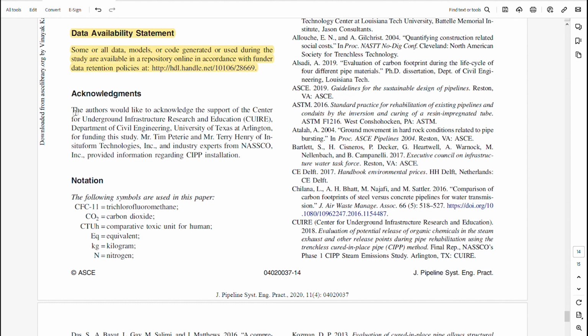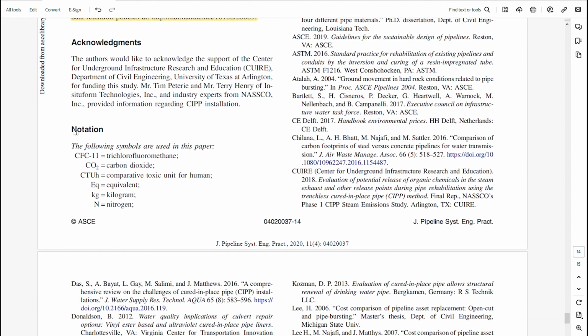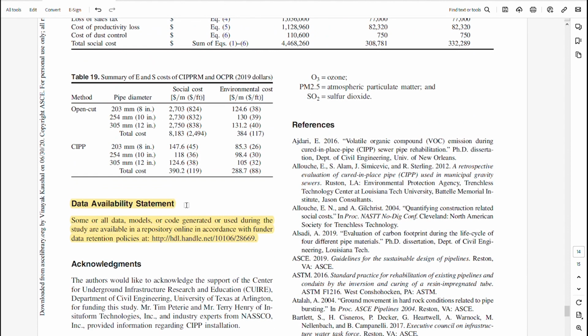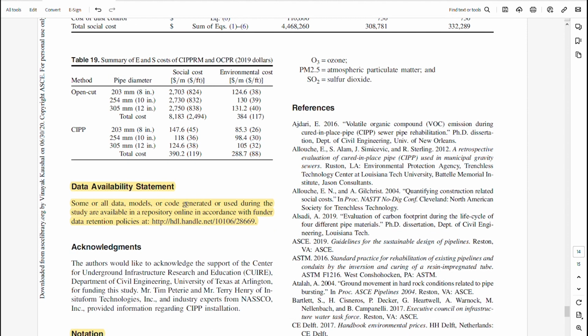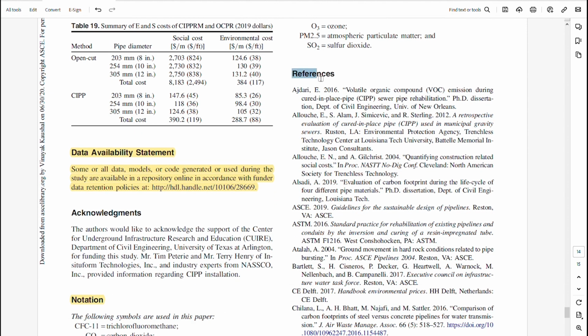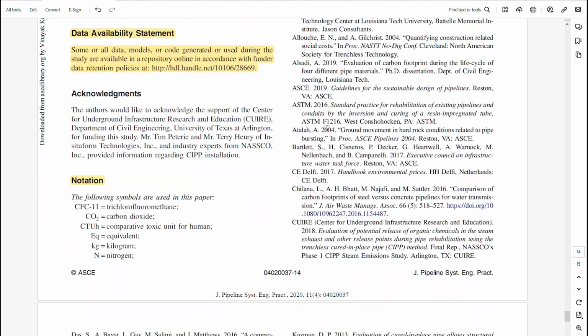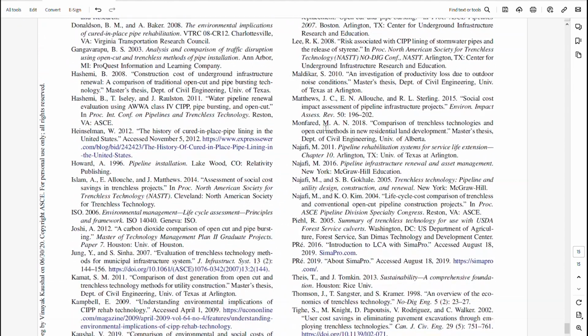And then we could have a section called notations or abbreviations and acronyms, wherein we list all the short forms, abbreviations, equations, and their meaning. Then finally we have a section called references, where we list all the references which have been used for writing the paper.